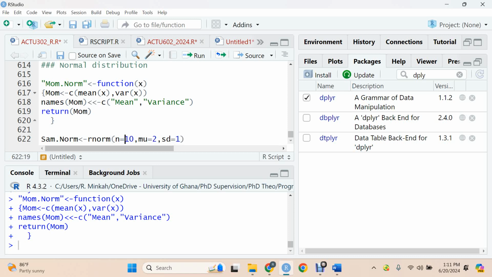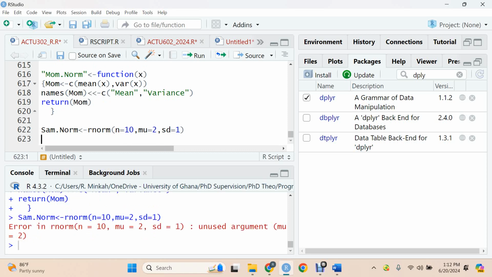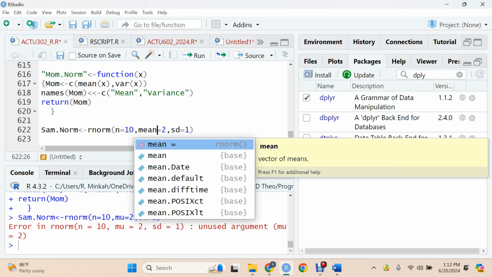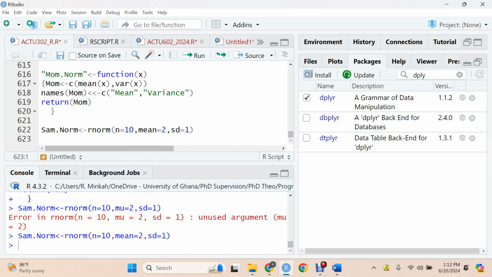Let's say SD1. Let's see. Why am I getting this? Should be mean, right? Okay. There. Okay. So I can get the moment estimate for this. What is my data? Now, this is my theoretical value for the mean. This is my theoretical value for what? Standard deviation. Then I use this to generate observation.